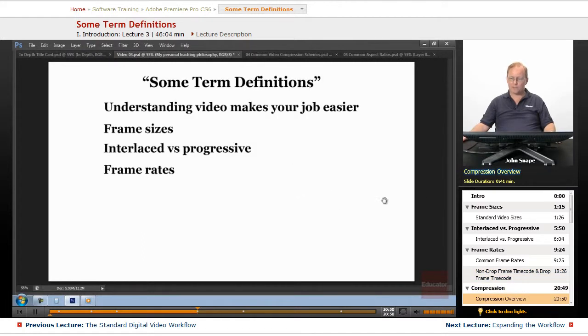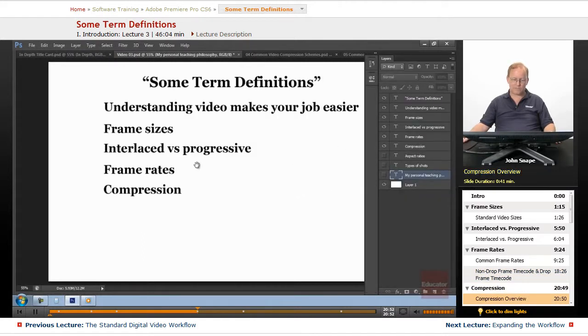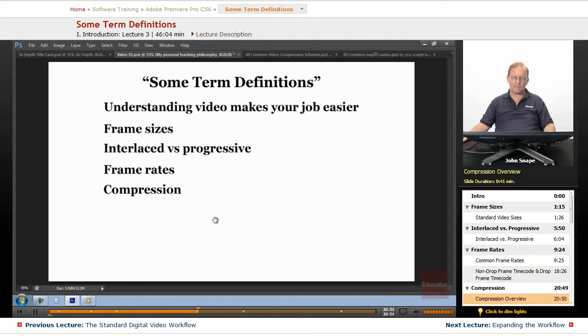So the next thing we want to talk about is compression. And what that is, instead of just sending the entire signal like they do with standard broadcast, the standard definition broadcast, they compress it down so it doesn't take up so much space in the air.